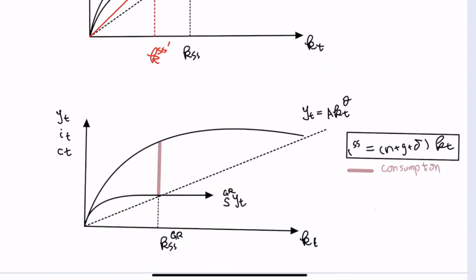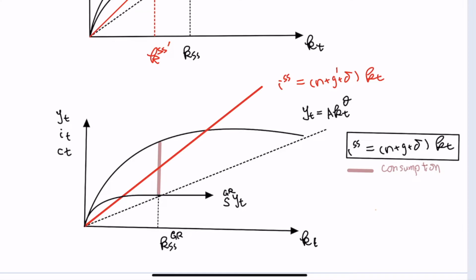Now let's take a look at the diagram with the golden rule saving rate. This is a Solow model with the golden rule saving rate, because at this level of the saving rate, the consumption is maximized. When there is an increase in the g, we are going to have a steeper slope for the steady state condition.